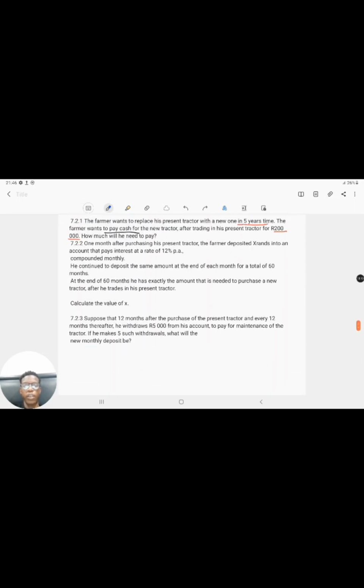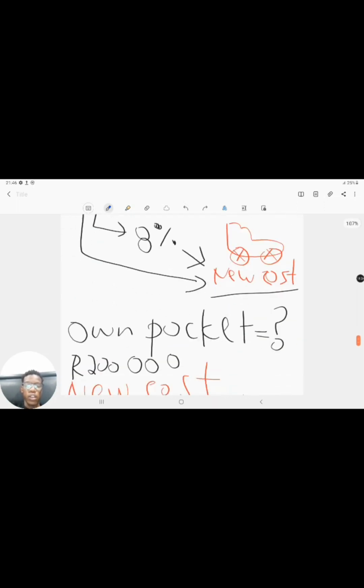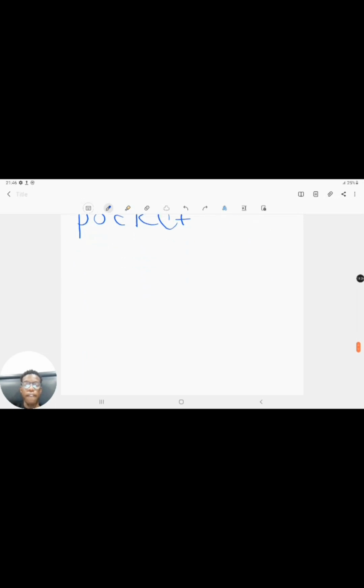How much is the new cost of the tractor? Going back to the question up here, you will notice that they told you that the replacement cost of the tractor is expected to increase by 8% per annum. So here we know that if a tractor costs 800,000 rands today, and that very same tractor will cost more in future with an interest rate compounded annually, how much will this same tractor cost in that future?